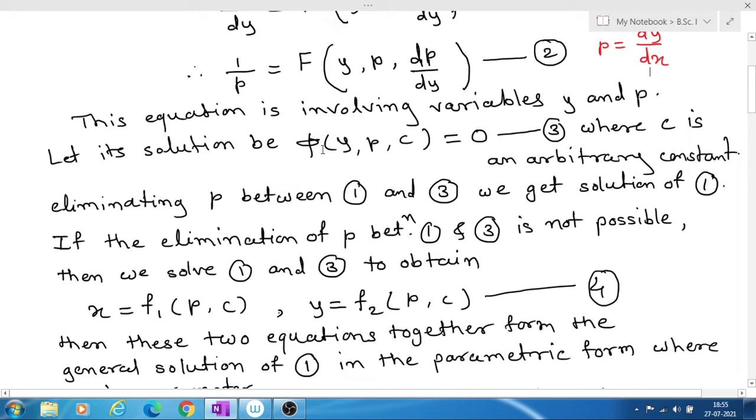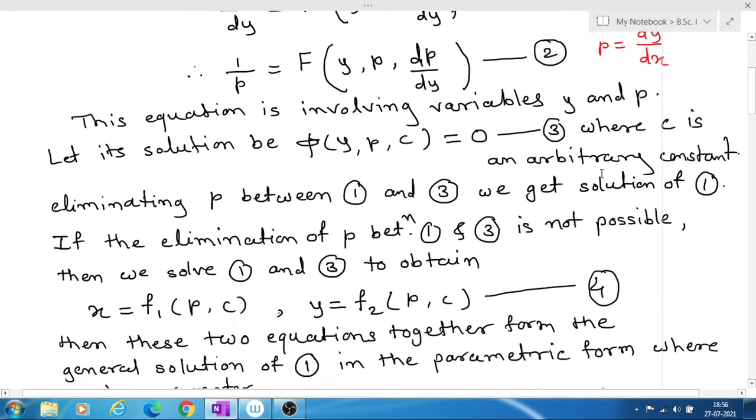So this equation involves variables y and p. So we can solve this equation, and suppose the solution of this equation is phi of y, p, c, where c is the constant of integration. So phi of y, p, c is equal to 0.